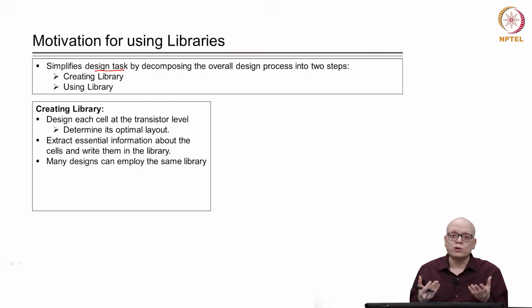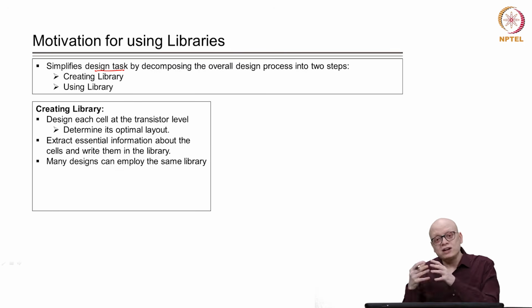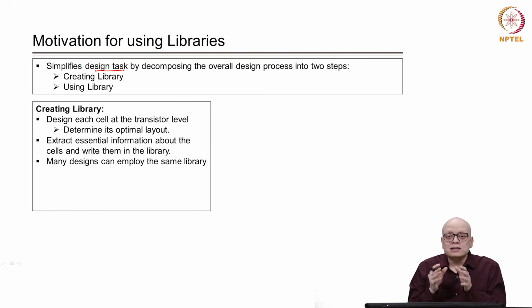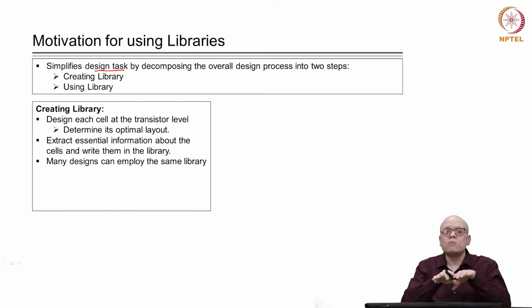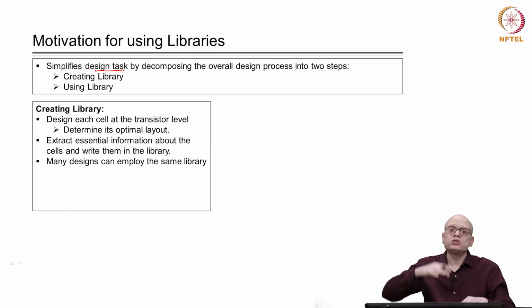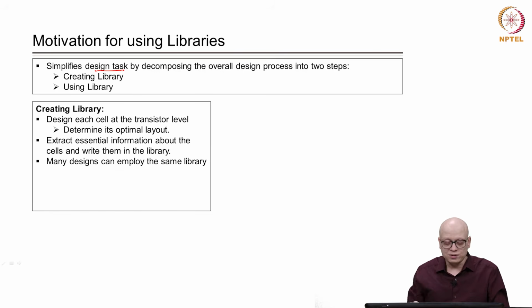For example, we can get different types of processors, we can get a security chip, or chips of various other functionality using the standard cells of the same library. So, once we have designed many cells and a rich set of library, we extract information and put it in some form of library, then that library can be used multiple times for various designs and for creating many chips.